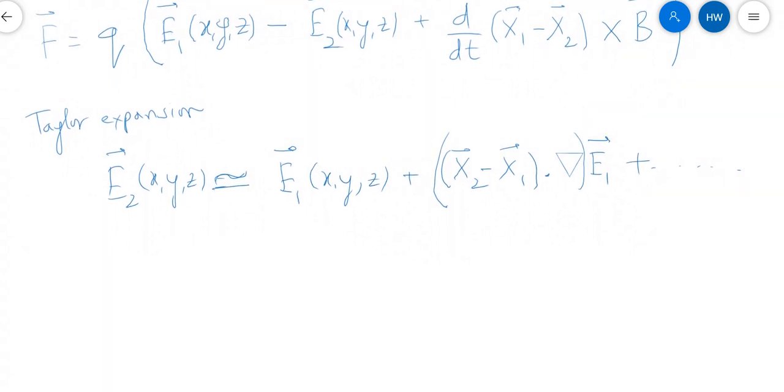So I can come back to my force, which simply happens to be Q times, and I will not retain these x, y, z, which is all understood.